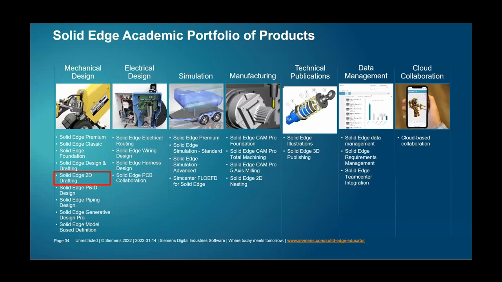And as you can see, there are additional elements of the Solid Edge portfolio structured in this chart. Notice how Solid Edge 2D drafting is just one small component in the overall Solid Edge portfolio. So it is quite comprehensive.